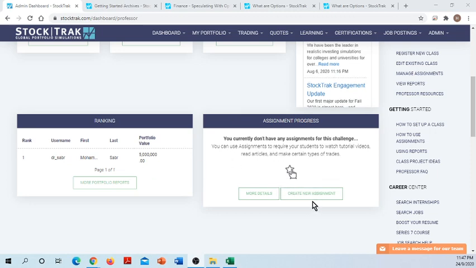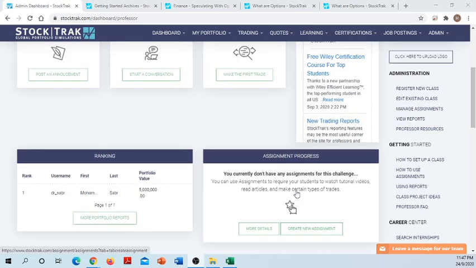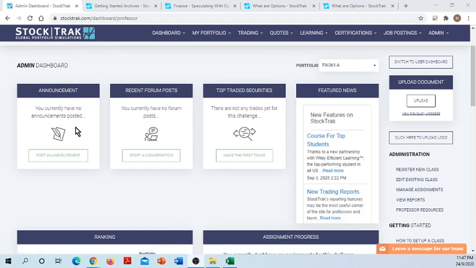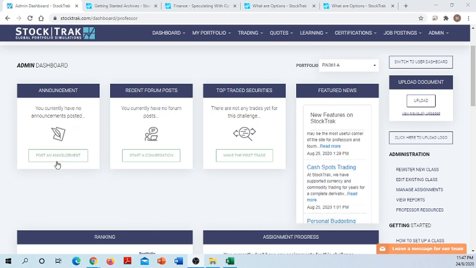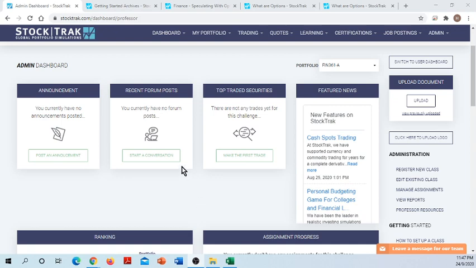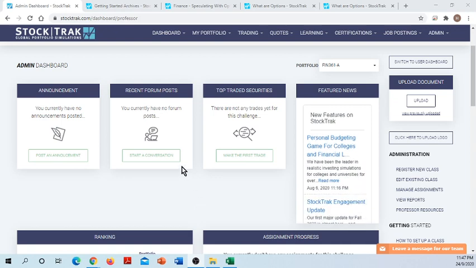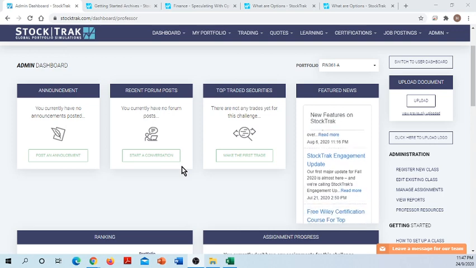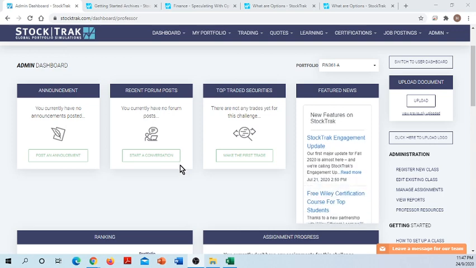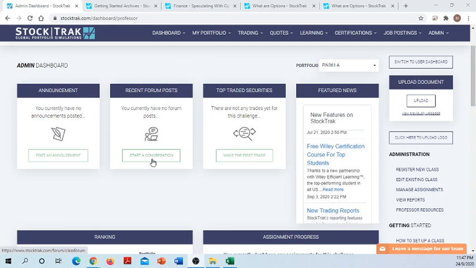Here you will see, in case you created an assignment, how students are progressing in it. Also, if you want to send some announcements, you can do that here. If you want to open a dialogue or a forum for students to discuss, you can start a conversation here.